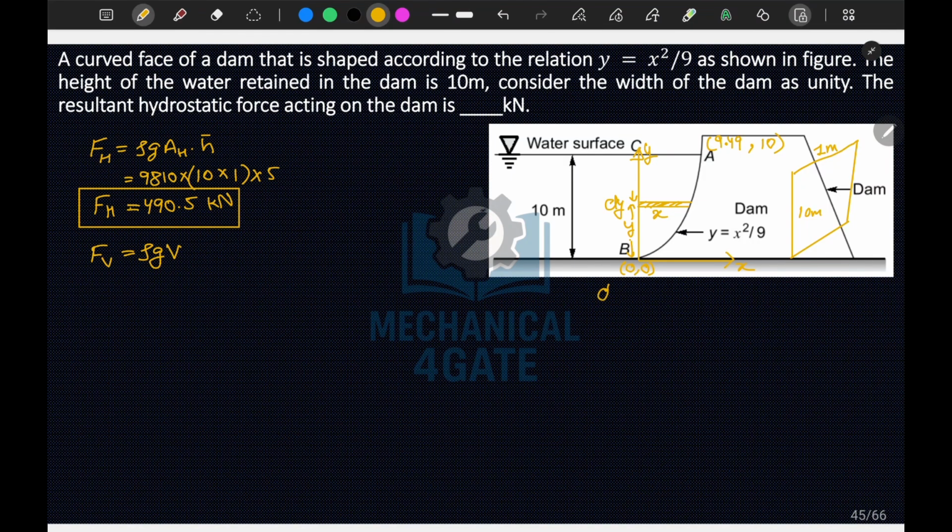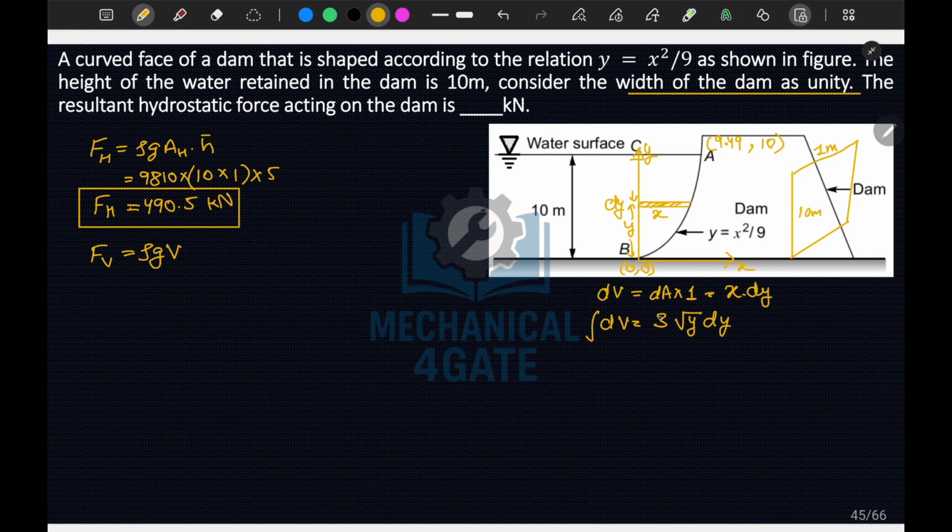So we can say that our elemental volume dV is equal to dA into 1. Since you mentioned to consider the width of dam as unity, dA can be written as x times dy. Now I can write dV is equal to, if I write the value of x, 3 root y dy.